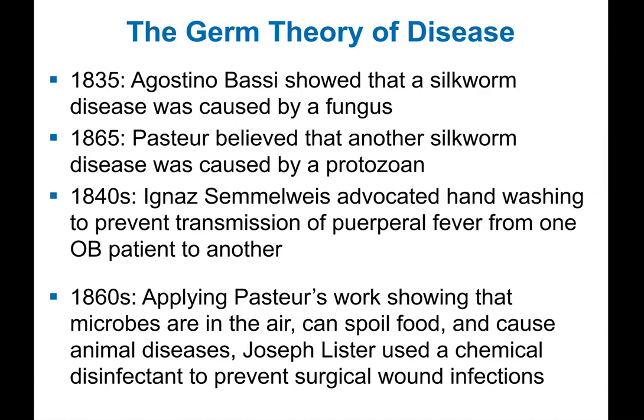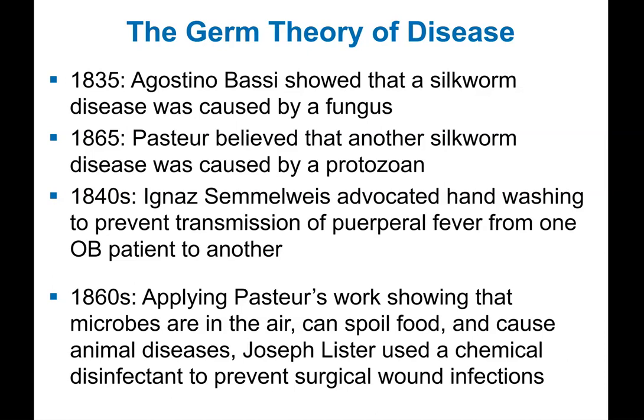This is where they finally started realizing that disease was not caused by being punished from God, because that was kind of the commonly held belief at the time, that if someone got a disease, it was because they had done something wrong and God was punishing them. But they started realizing diseases were caused by microorganisms.